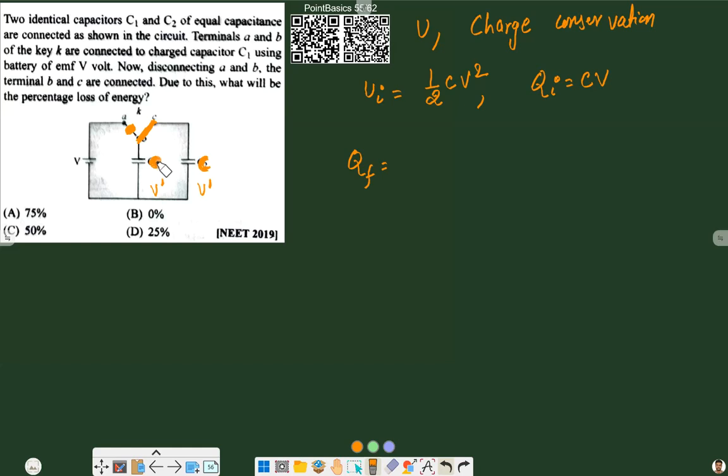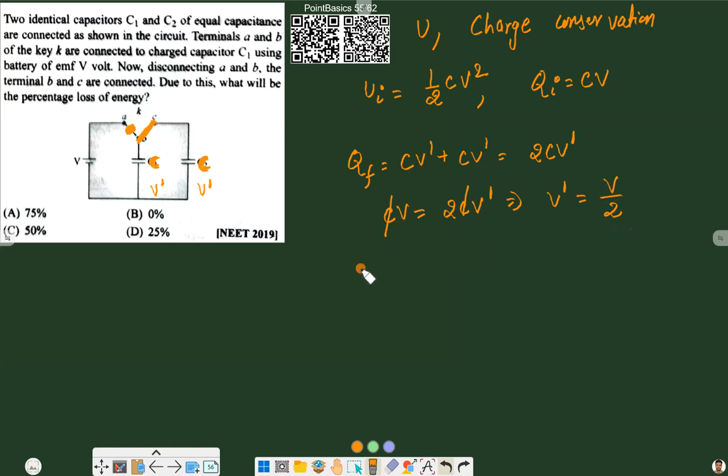So due to this capacitor, our charge will be CV dash, and due to this again CV dash. So CV dash plus CV dash is equal to 2CV dash, and Q initial and final should be equal as charge is conserved. So CV is equal to 2CV dash. C get cancelled, and from this V dash comes out to be V by 2.